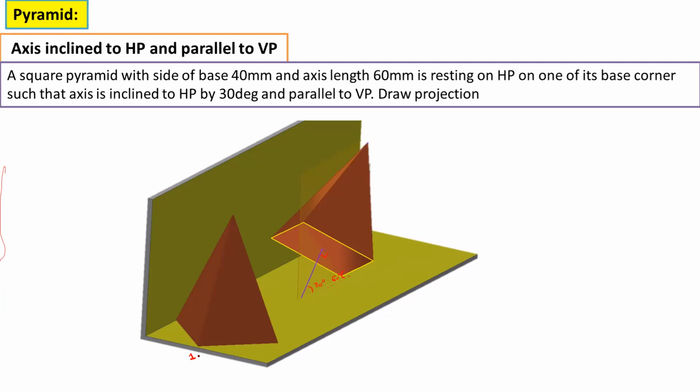For the first stage, you will start from the top view. This is your first step. Then you will complete the front view in the first stage. After that, complete the front view in the second stage, and then complete the top view in the second stage.